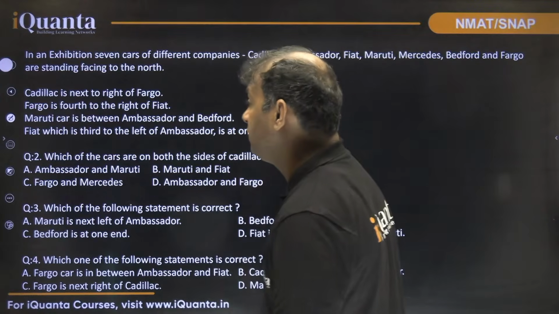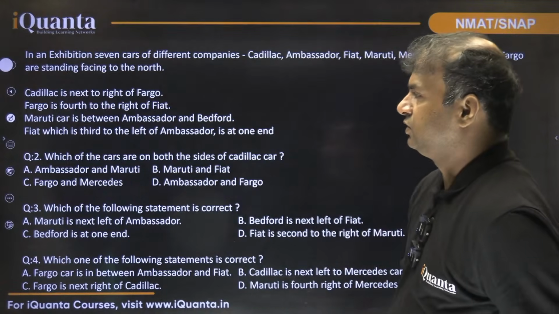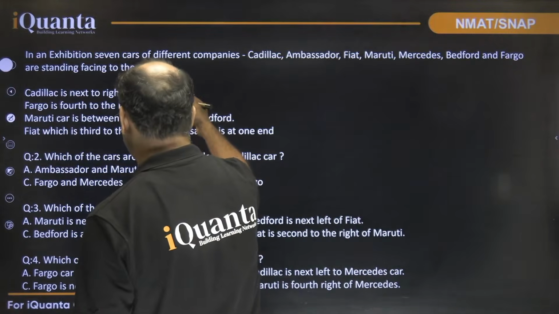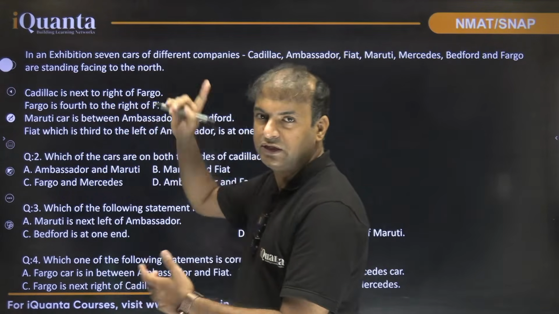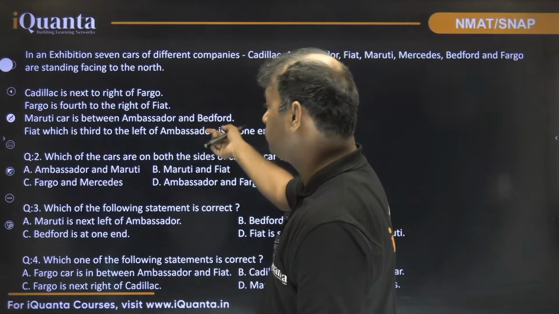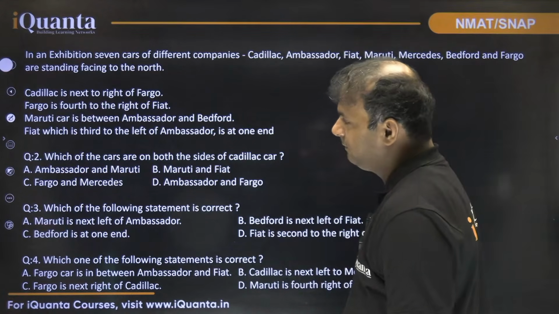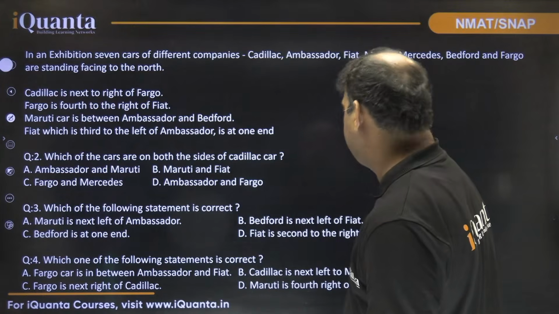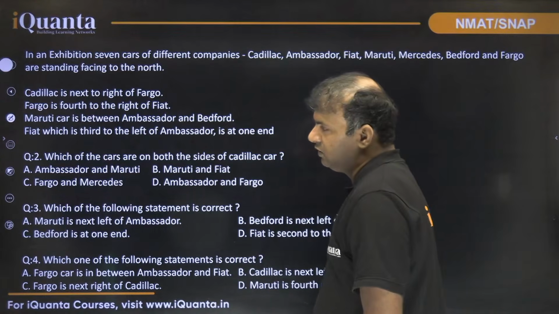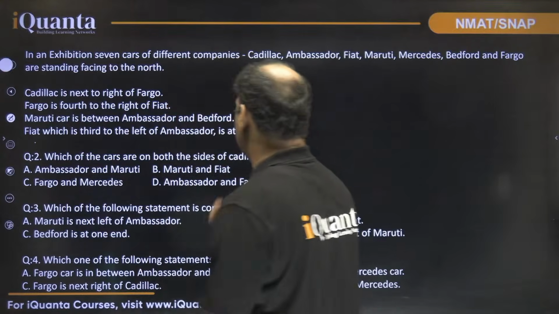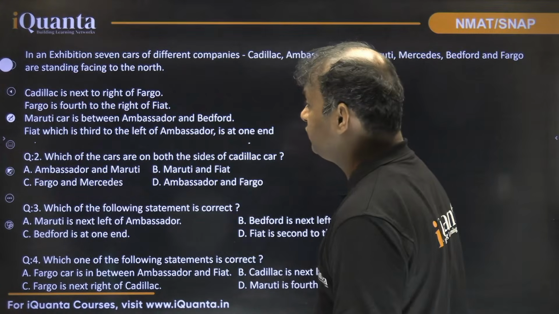Then they are saying that Cadillac is next to the right of Fargo, alright. Next right means immediate right, as I mentioned before. Fargo is fourth right of Fiat, alright. Maruti is between Ambassador and Bedford. Fiat, which is third to the left of Ambassador, is at one end. Okay. So we got one piece of information that Fiat is definitely at one of the ends.